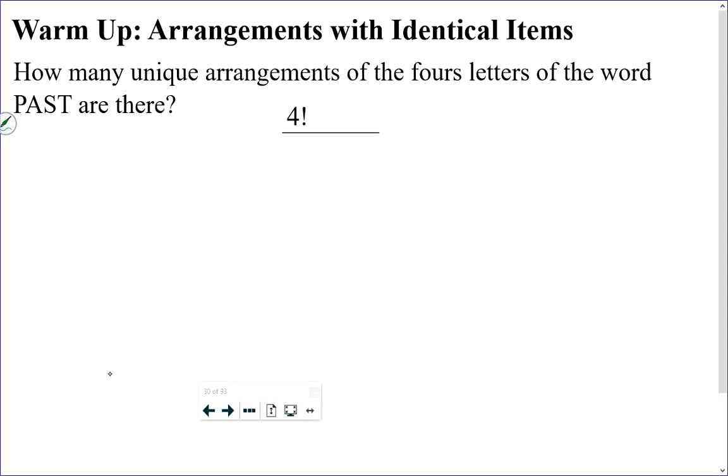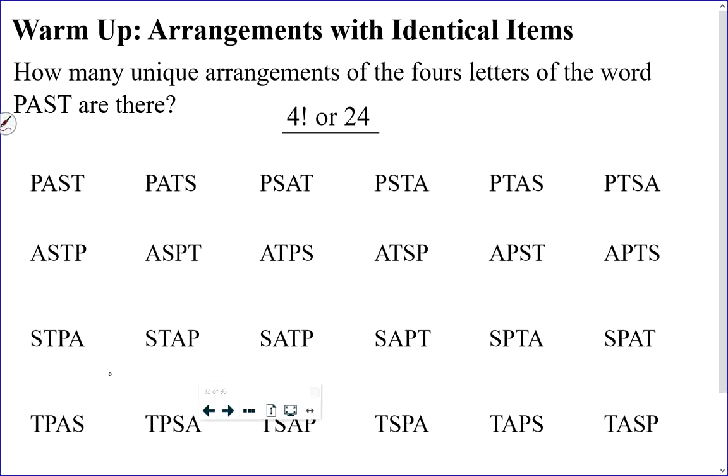I don't think you need to do this, but you could say blank, blank, blank, blank. I have 4 choices for the first, then 3, then 2, then 1. And it's decreasing by 1 each time simply because I'm arranging them. I'm not allowed to use the P more than once. Anyway, that's 24. And sometimes I don't have much of a life, so I list them all here.